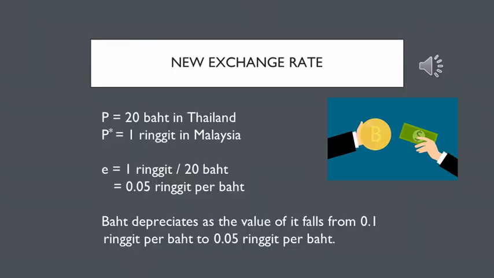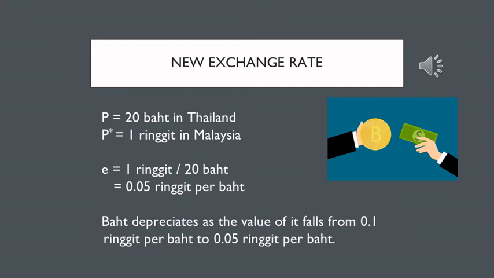As a monetary expansion caused all prices in Thailand to double, the iced tea rises from 10 baht per can to 20 baht per can. So the P will be 20 baht in Thailand, and P star remains unchanged at 1 ringgit in Malaysia.